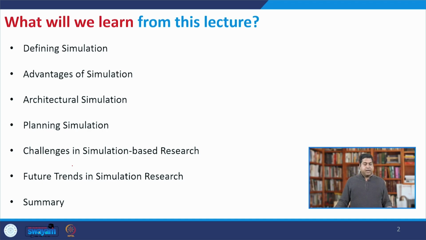Then we'll discuss simulation in the architectural field, architectural research, and also the application of simulation in planning research. Along with that, we'll discuss different challenges in simulation based research, and at the age of AI and ML, we'll also discuss the future trend in simulation research, and finally we'll summarize our understanding of this lecture.